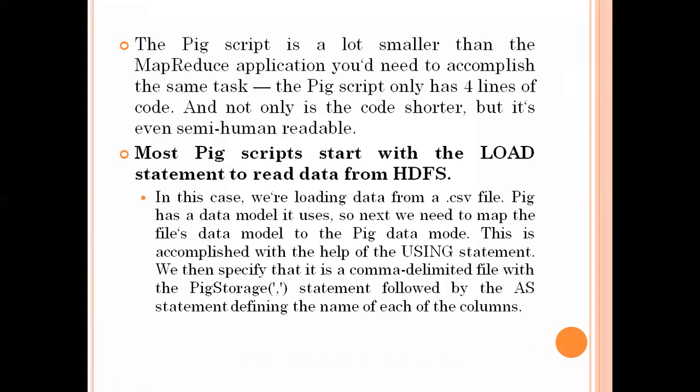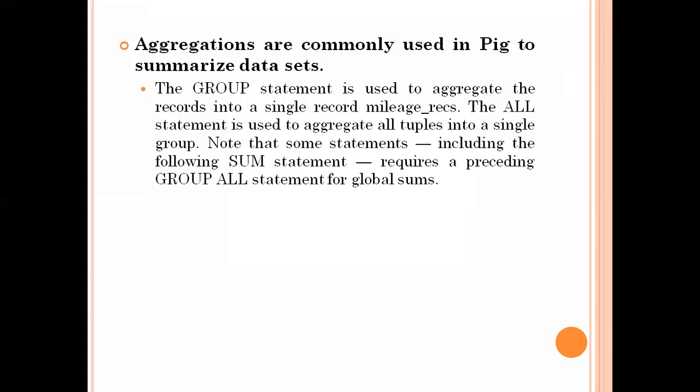The first one, the load statement, loads from HDFS. Then for aggregation, we use the group command. We use group all to calculate and process. Aggregating the tuples into a single group, we use the all statement.